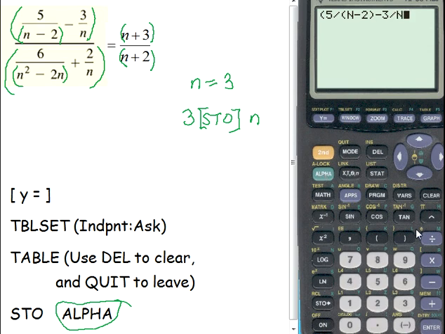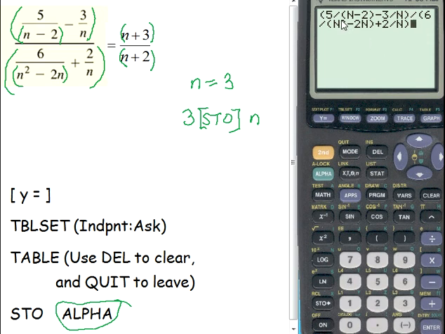Close the big parentheses, divided by, open big parentheses, 6 divided by, open parentheses, N, alpha log, squared, minus 2N, alpha log, close parentheses, plus 2 divided by N, close parentheses. And then you just evaluate it and see what you get.